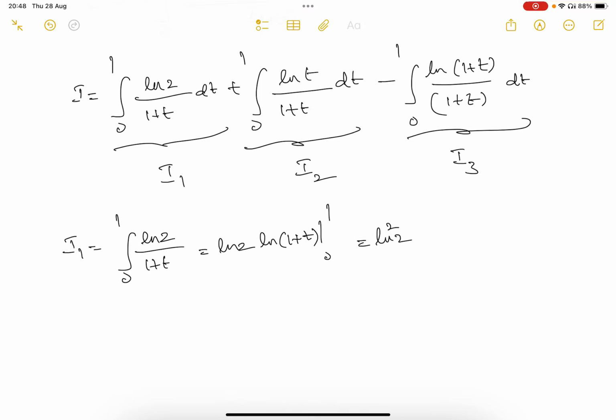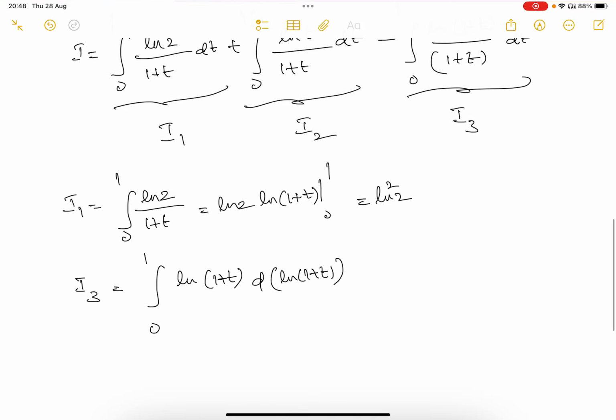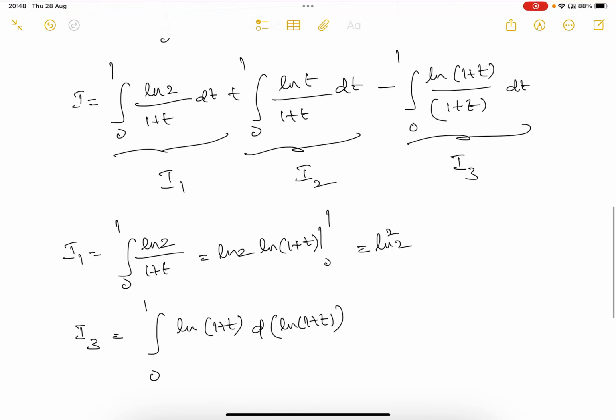Then let's try to figure out I3. That I3 is integral 0 to 1 ln of (1 plus t) by (1 plus t), as you can see there it is 1 by (1 plus t), right? You can write it in the form of d of ln (1 plus t). As you know, d ln x is 1 by x, so we have written this form, right?